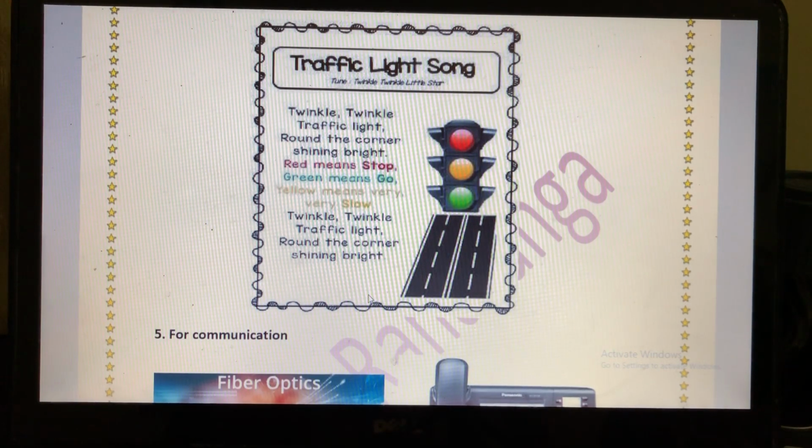Twinkle, twinkle, traffic light, round the corner, shining bright.